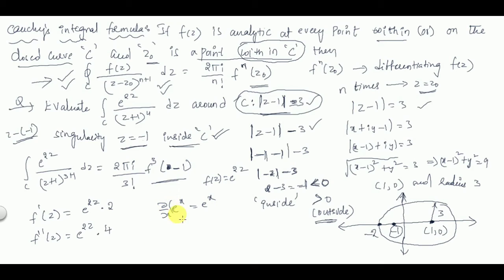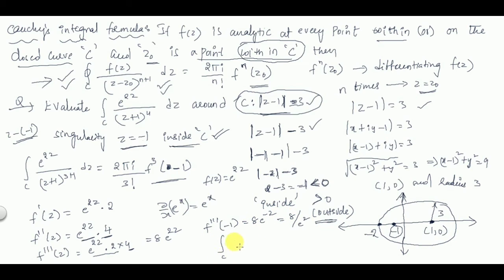Then f triple dash of z is equal to e power 2z into 2 into 4. The already existing 4 we have to take, and the differentiation of e power 2z is e power 2z into 2. So it will be 8 e power 2z. So f triple dash of minus 1 is 8 e power minus 2, so it will become 8 by e square.